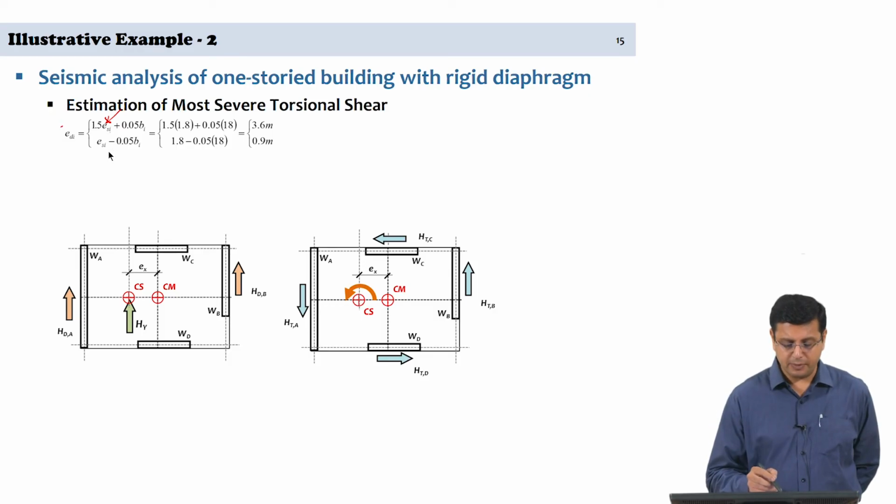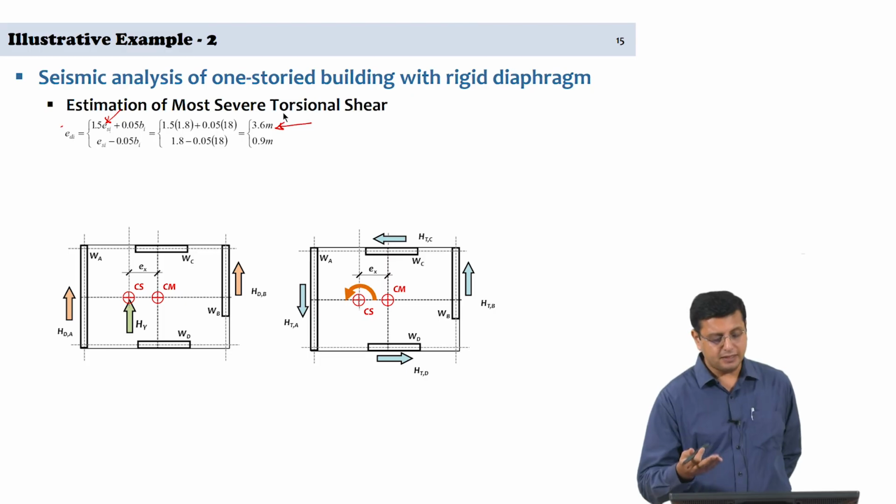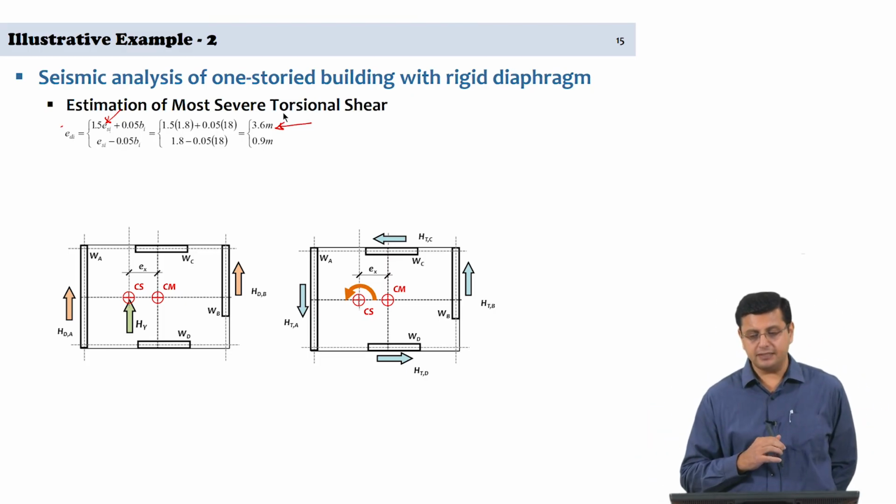So, this estimate is the eccentricity including the accidental eccentricity. Dynamic amplification gives 3.6 meters in one case and 0.9 meters in the other case.